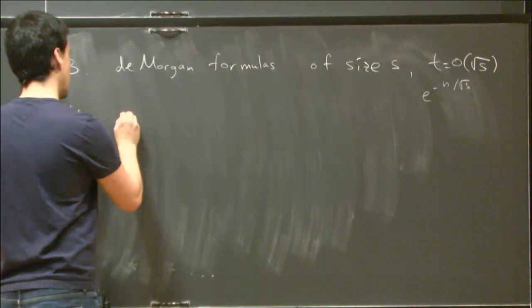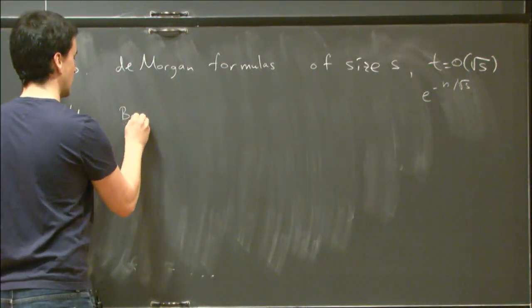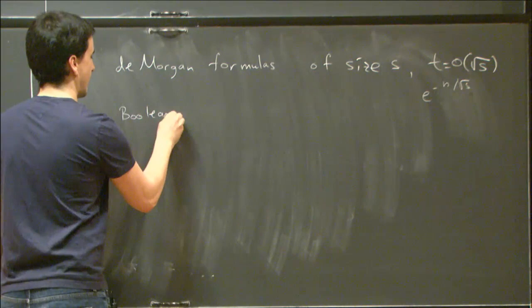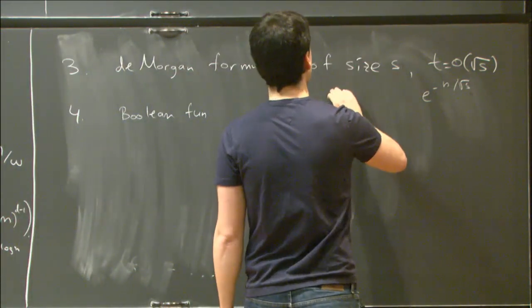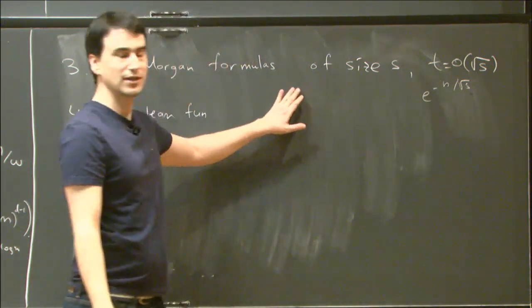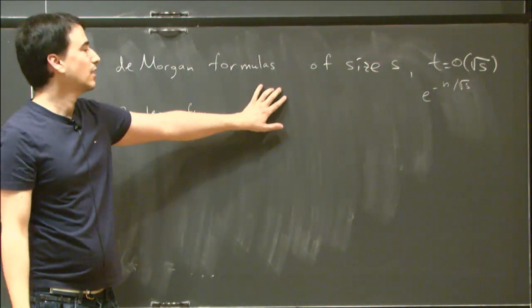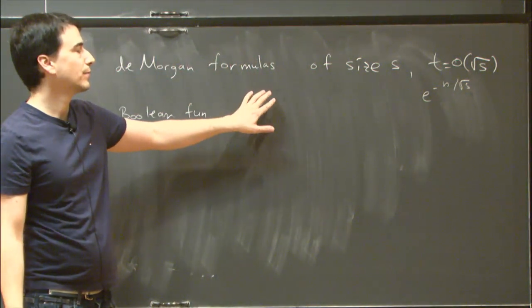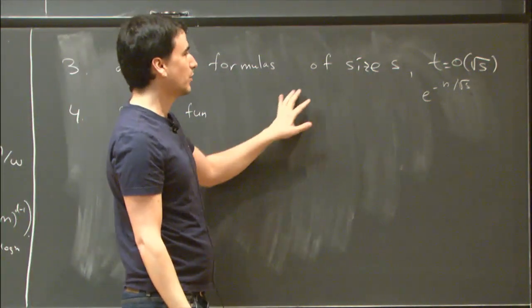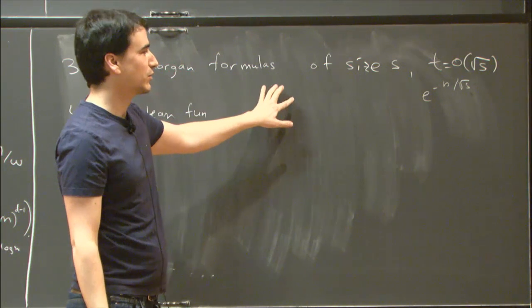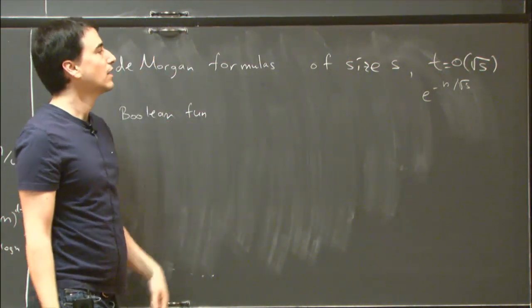The fourth result is about Boolean functions. Wait, I need to say how this was proved using a completely different technique, a technique of quantum algorithms. And I will mention the connection between quantum algorithms and this thing.